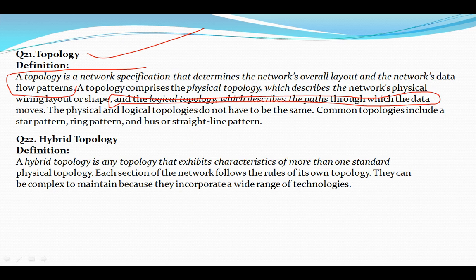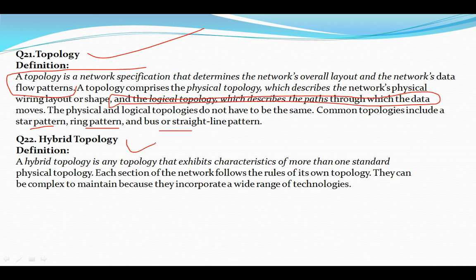The physical and logical topology do not have to be the same. And there are certain topologies like star topology, ring topology, bus topology, like that.